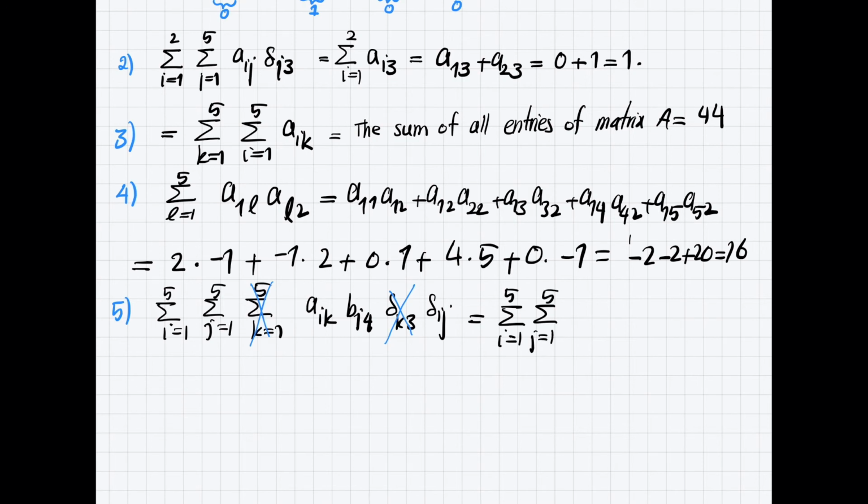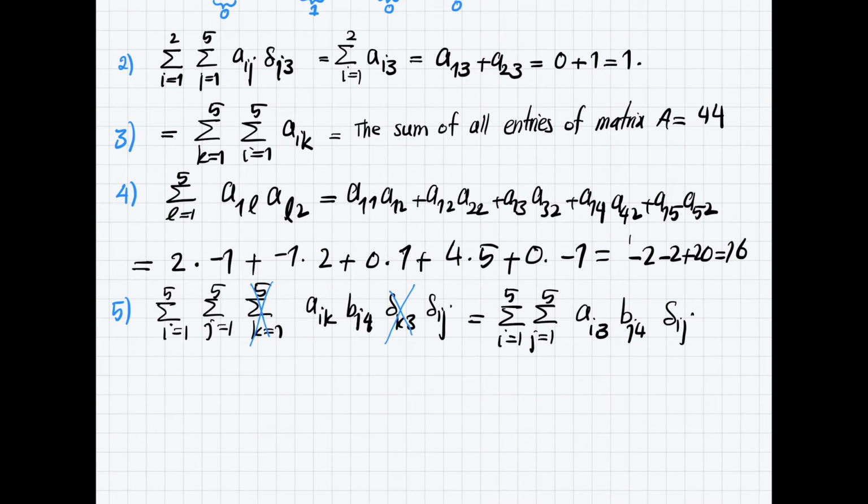And then what is left for me is aik, bj4, and delta ij. But this is not completely correct, because what I have done, I have eliminated this delta and this sigma. You see, there shouldn't be any notion of k. There is no k here. What I need to do, I need to go here and see that k has to be replaced with 3 everywhere left. Yes, so what I do, I clean this k and put 3 instead.